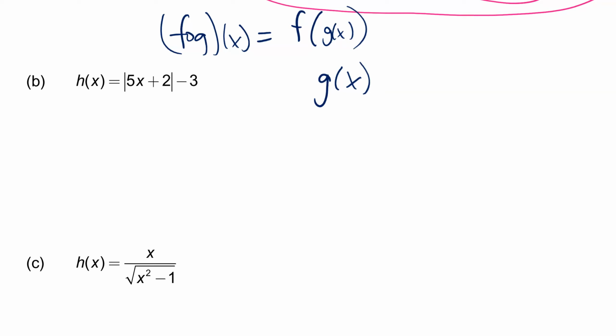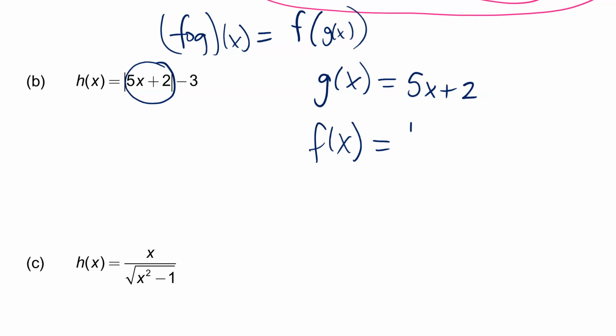What's our inside function? Can I pull something out? Yeah, 5x plus 2. So if g of x is 5x plus 2, that leaves me with f of x being the absolute value of x minus 3. This way, if I plug this in place of x right here, I'll get what I started with.